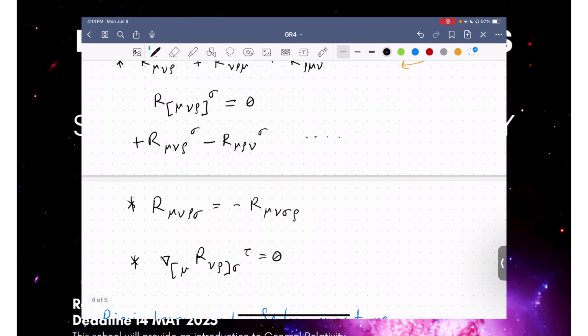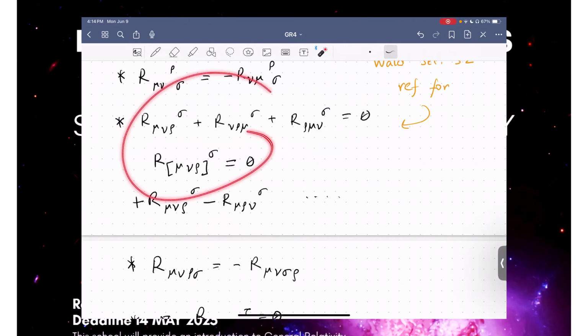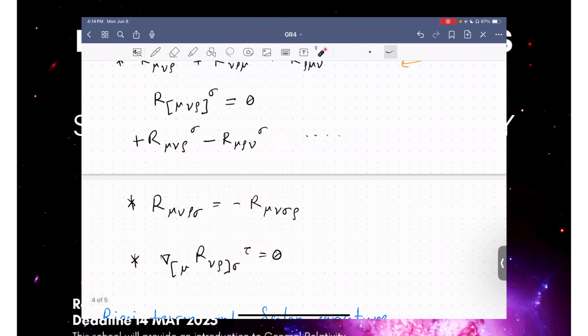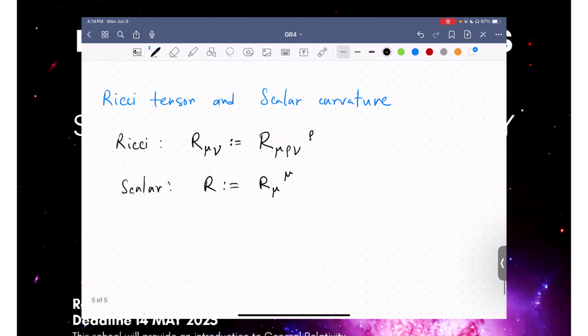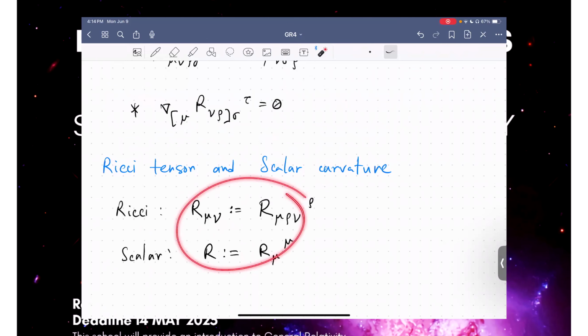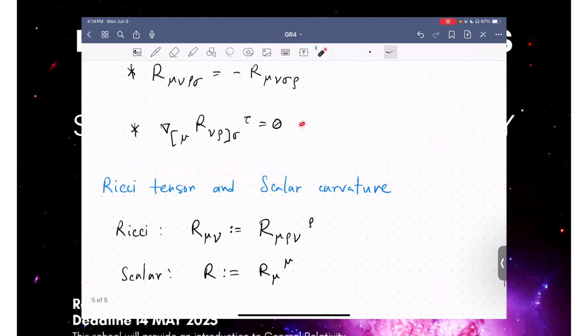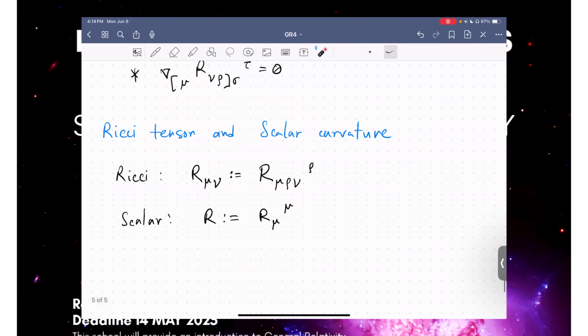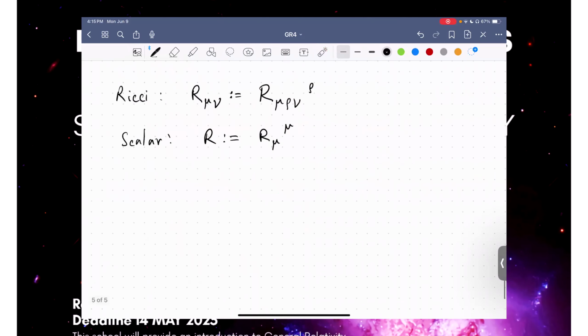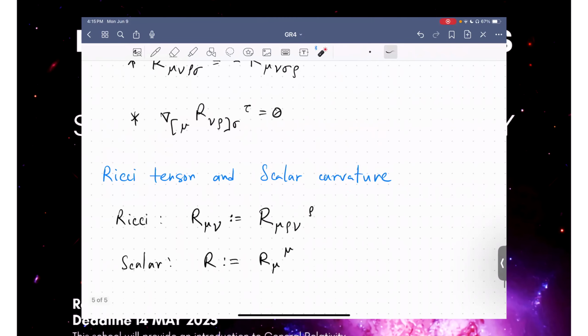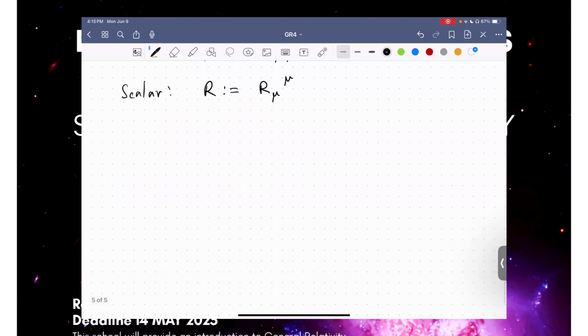Now, one consequence of these properties that we have derived for the Riemann tensor is that we can derive some equations for these tensors as well. Notice that one of the equations for the Riemann tensor involves a covariant derivative. So let's see what the covariant derivative of these simpler tensors are. Basically, you start with this equation, and then you contract these two indices. So what you find is the following.